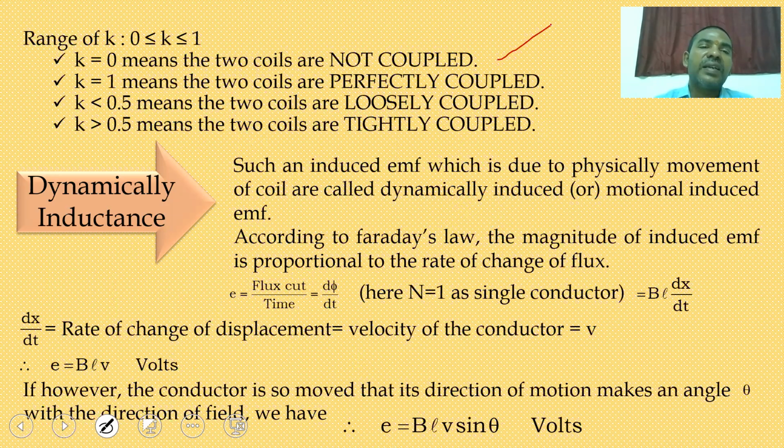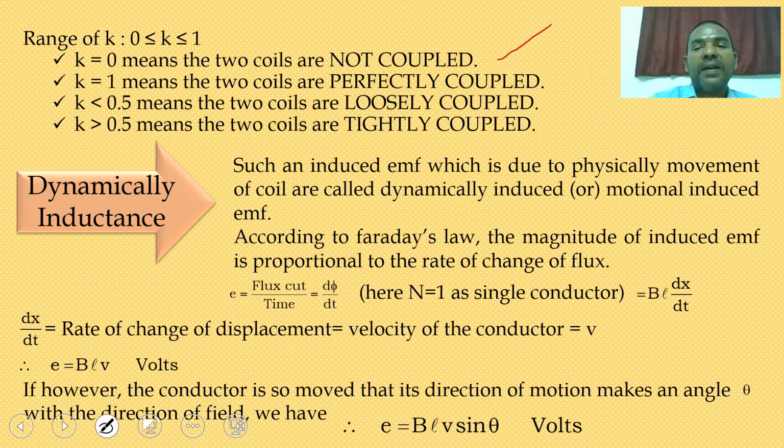You already know that magnetically coupled coils are not directly linked, so they must be at nearer distances. Then, due to one coil, there is an induced EMF in the secondary coil. If the distance between the coils is very large, there is no coupling, and at that time the value of K must be 0.